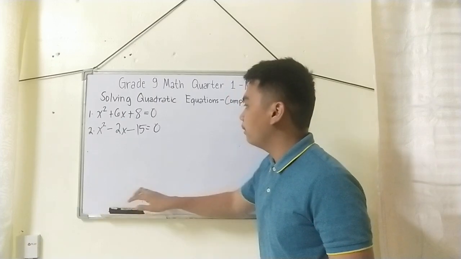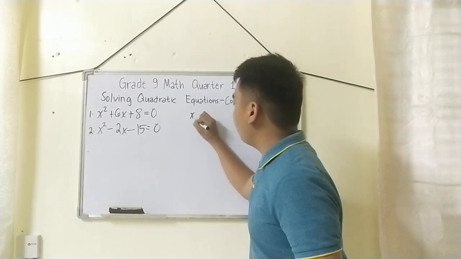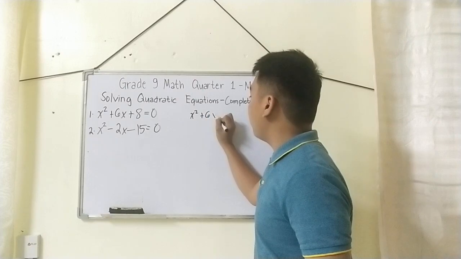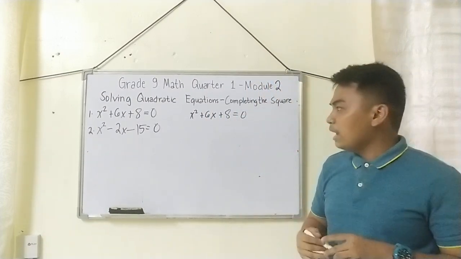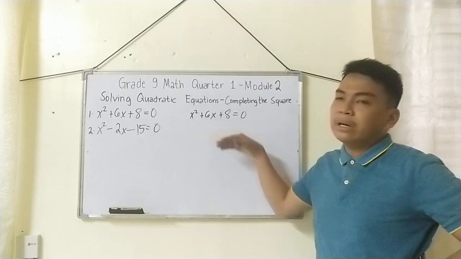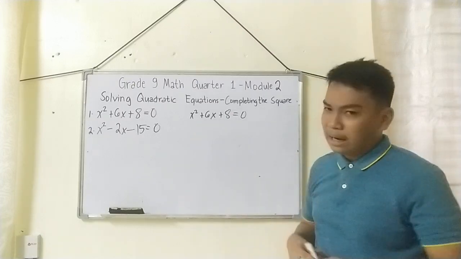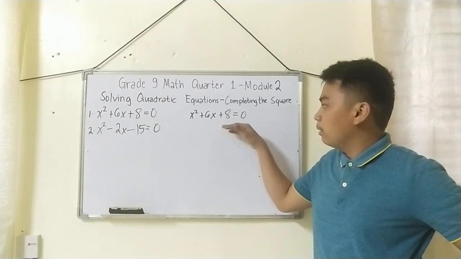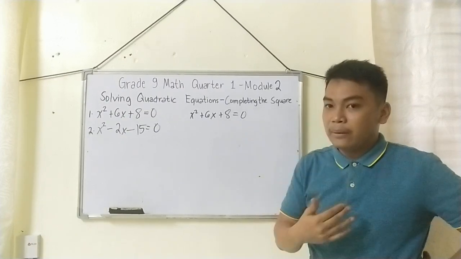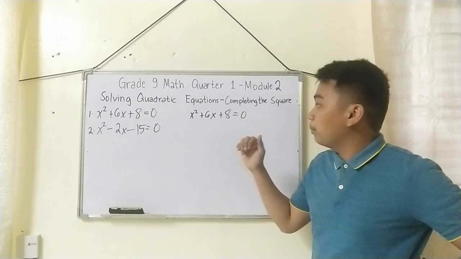Okay, number 1. We have x squared plus 6x plus 8 equals 0. Okay, let's first check if this is a perfect square trinomial. What do we do to know if this is a perfect square trinomial?